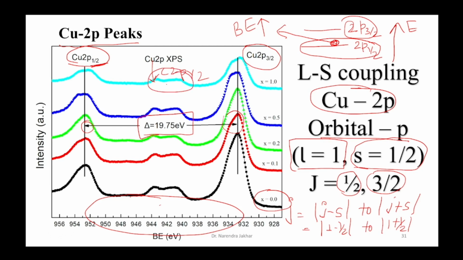There is a peak, but these are satellite peaks, which do not have the particular separation of 19.75 eV. So Cu 2p 1/2 and Cu 2p 3/2 in this spin-orbit interaction have a definite energy separation of 19.75 eV, which can be read from the separation of these two peaks.